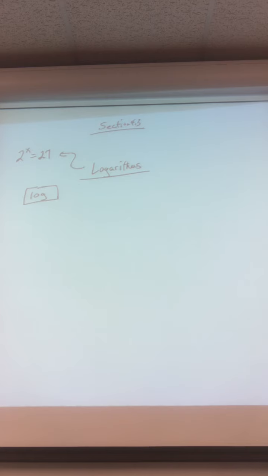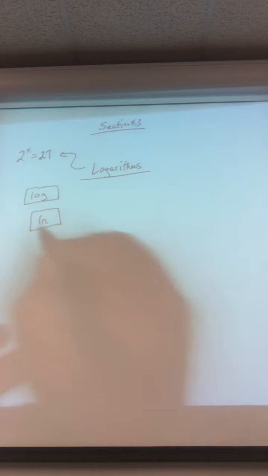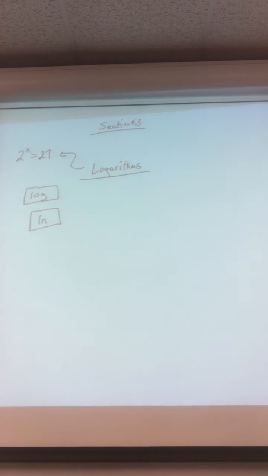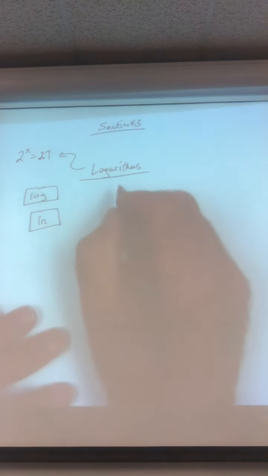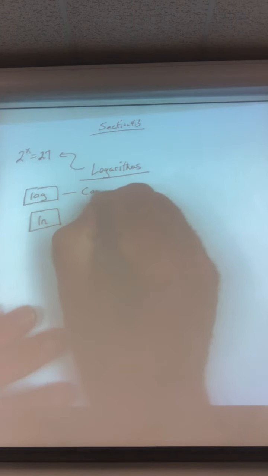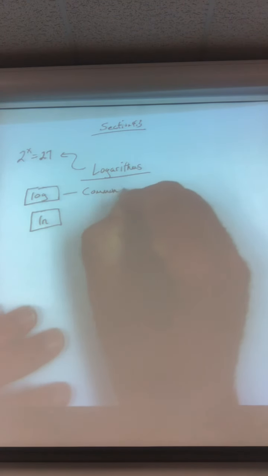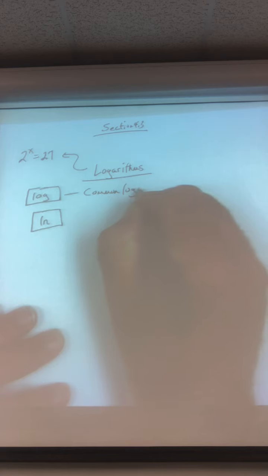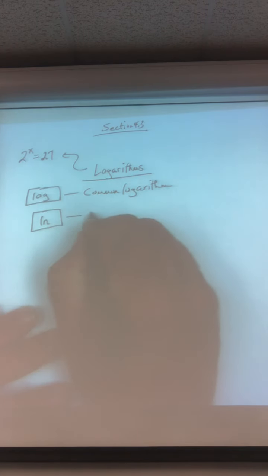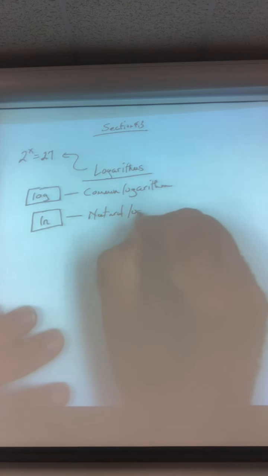Now, there's actually 2 kinds of logarithms on your calculator. There's another kind of logarithm. It's this one. This one right here is what we call a common logarithm. This one is called a natural logarithm.